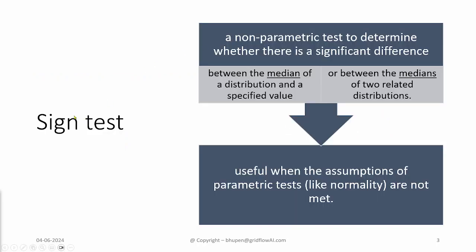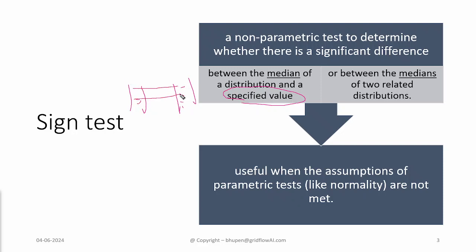The sign test, as we discussed, is a non-parametric test to determine whether there is a significant difference between the median of a distribution and a specified value. That means we have a column of values, the median of this column, and a specified value. Or it can be the difference between the medians of two related distributions, where the values are related.